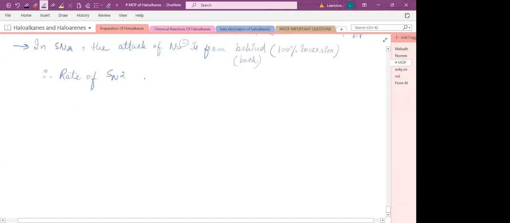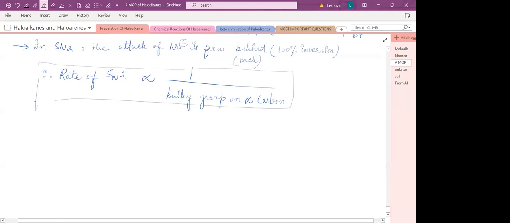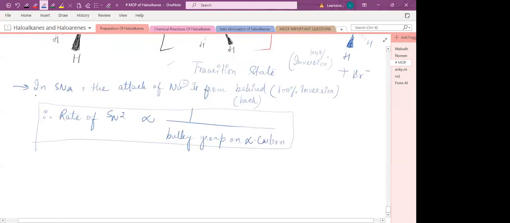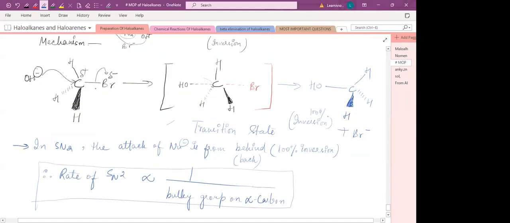Just one thing, remember the rate of SN2 reaction is inversely proportional to the bulky group on the alpha carbon. That's very important. And you know what the alpha carbon is? Suppose this is the bromine group.